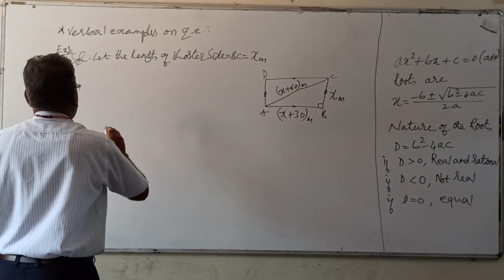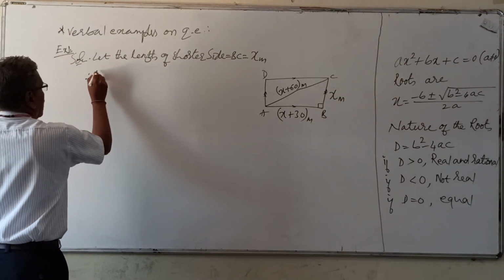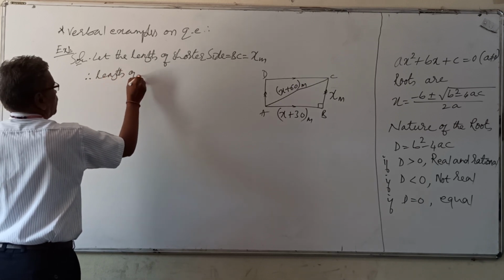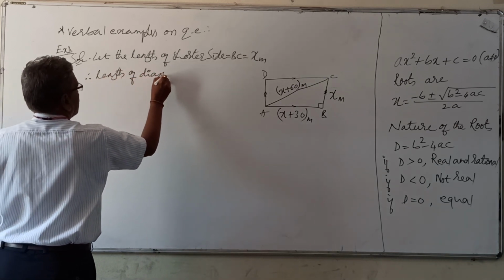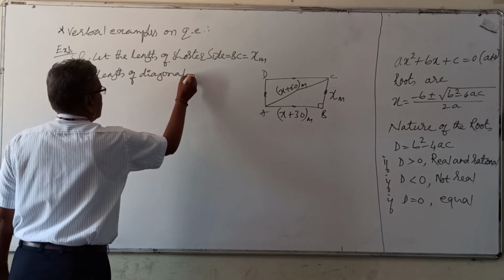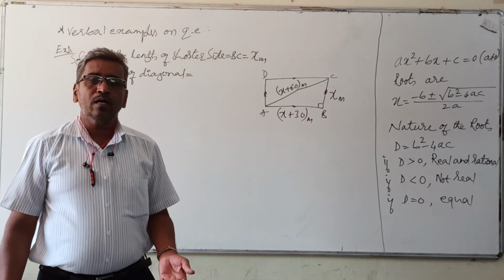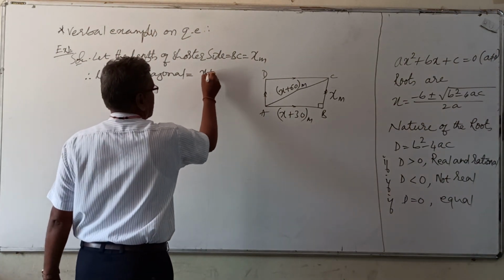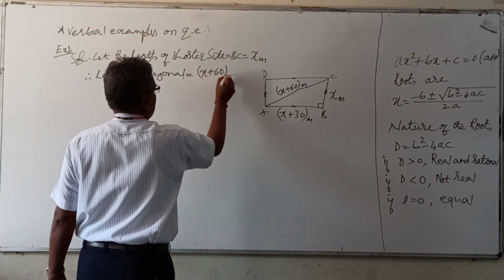So therefore the length of the diagonal, what they have told, 60 meter more than the shorter side, that is x plus 60 meter.